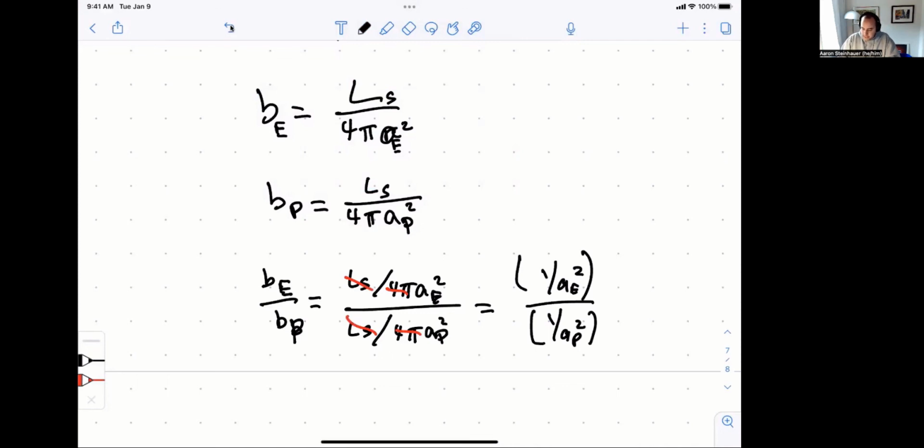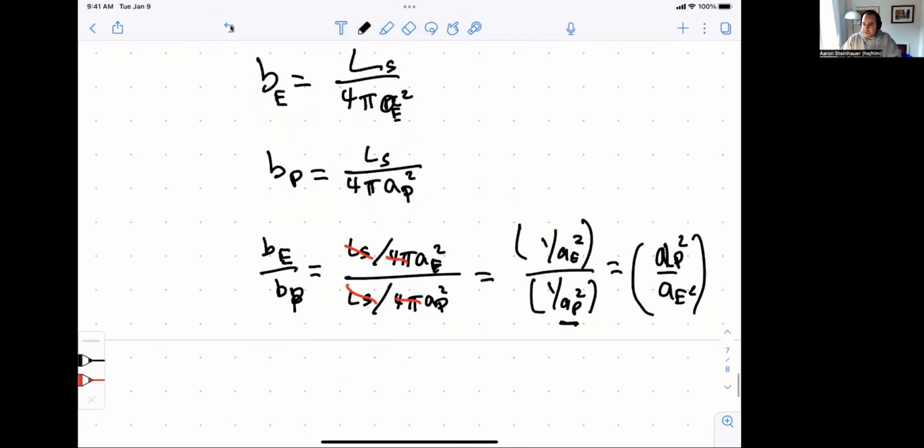But if I have a denominator in the denominator, that can move up to the numerator. This is in fact AP squared over AE squared. And I don't even have to square them before I take the ratio. I can take the ratio and then square it. So this is really AP divided by AE, quantity squared.